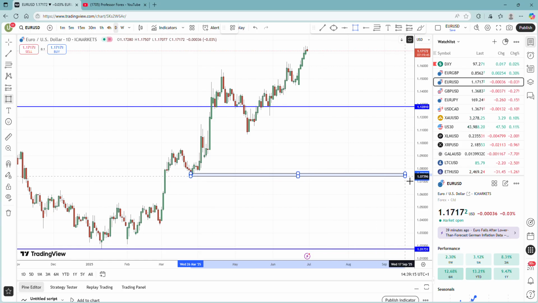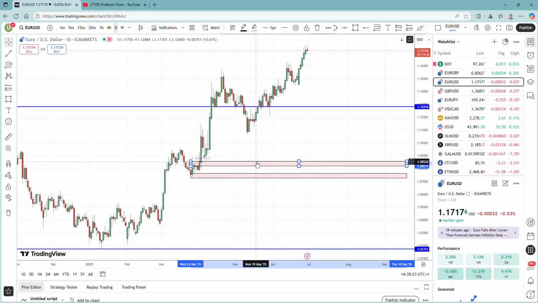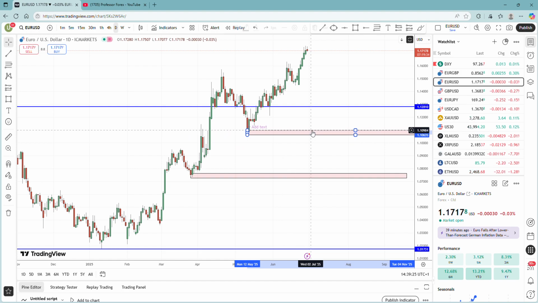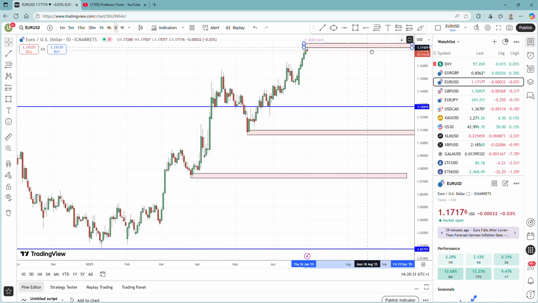You've got one here, marked in red. Got another one here, marked in red, and you've got another one here. That's your resistance. So once you've done that, you know price is going to move between the two levels.